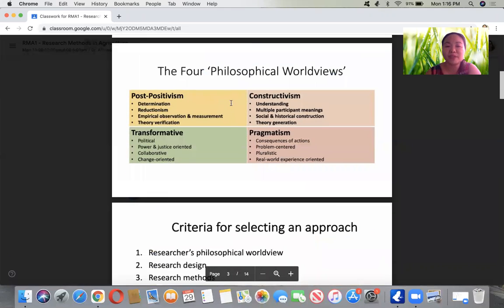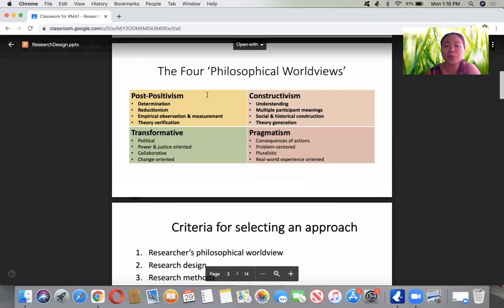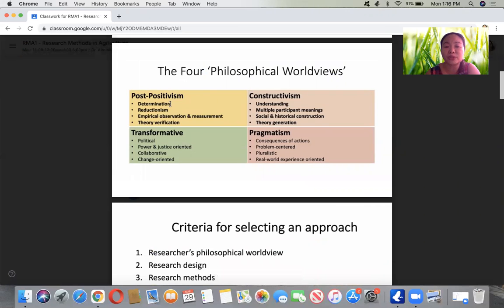When we speak of philosophical worldviews, we have 4. First, post-positivism, which refers to determination, reductionism, empirical observation and measurement, and theory verification.